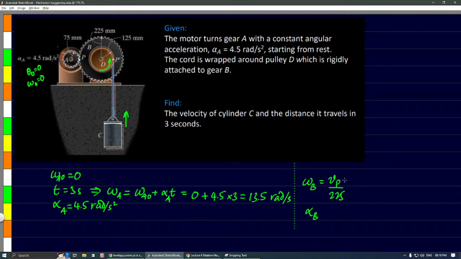And this velocity of P will be same from the other side also, no? This velocity of P can be written as omega A times this radius, 75, no? 75 is the radius of smaller gear, right? So we can write Vp like this.